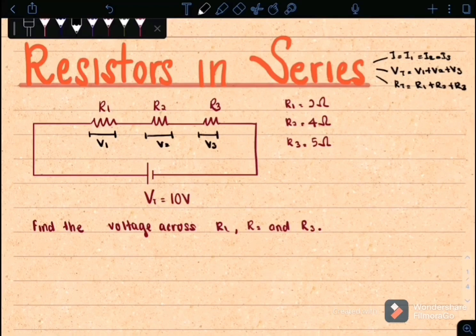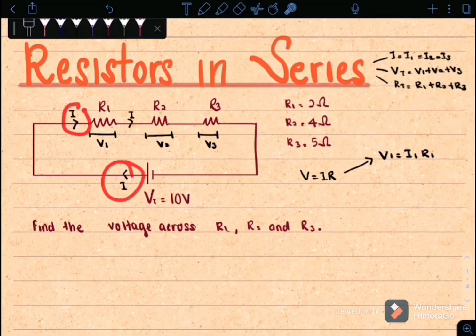So we know according to Ohm's law, voltage is equal to current multiplied by resistance. So to find V across resistance 1, our V1 will become V1 is equal to I1 R1. And since we know that the current that flows in a series circuit is the same current for each of the resistances, the current that leaves the power supply here is the same current that enters each of the resistances.